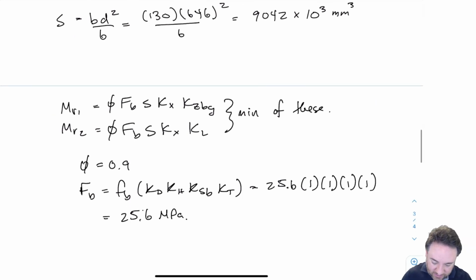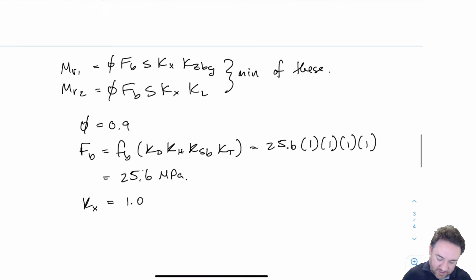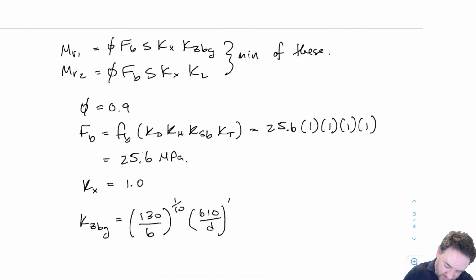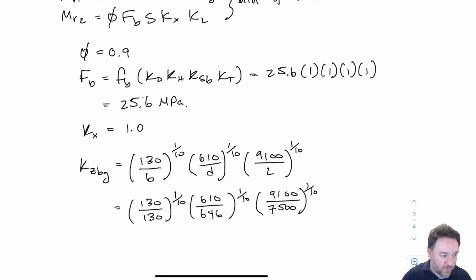Okay, S we already calculated. Kx, which is our curvature factor, is 1.0 since this is a straight beam that we're designing. And now we have to calculate KZbg and KL. Okay, so you recall that KZbg is kind of a complex equation. I'm going to write it out here. Okay, remembering that all of these inputs have to be in millimeters, the b, the d, and the L.